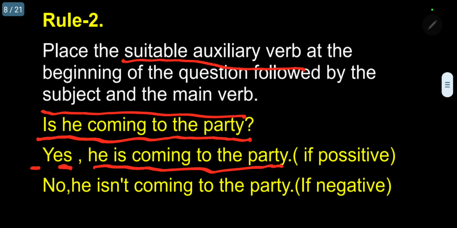We are using yes, simply interchanging properly. From the question itself we can write the answer. He is coming to the party. Suppose no, he isn't coming to the party. Kindly follow.